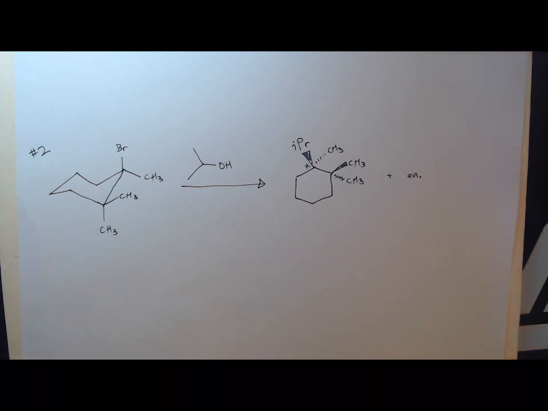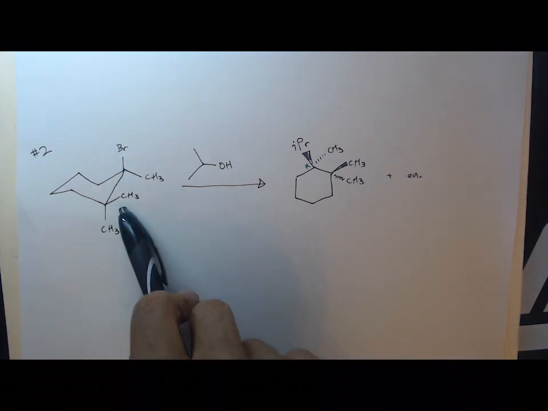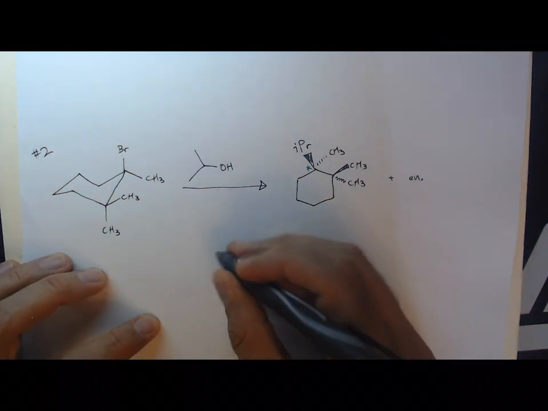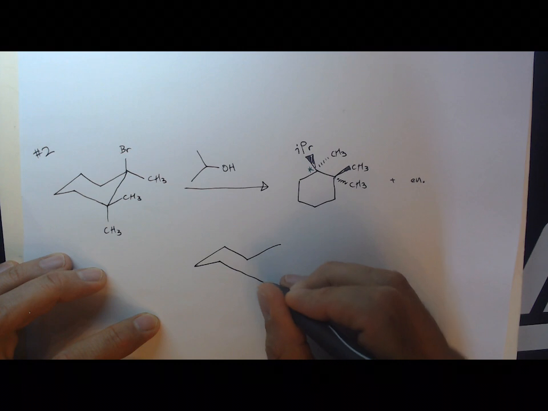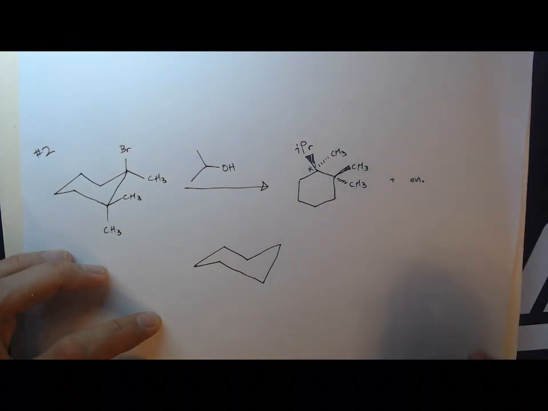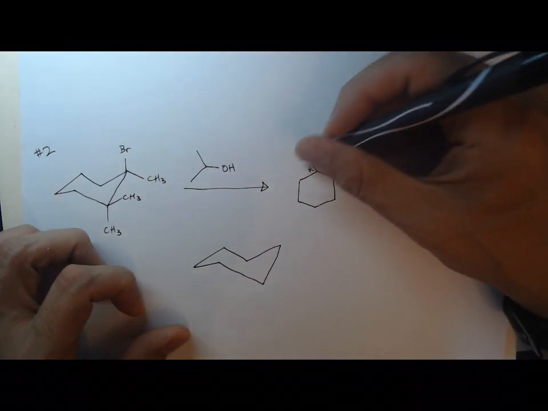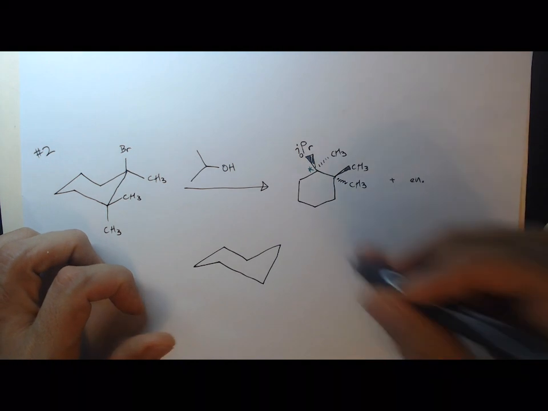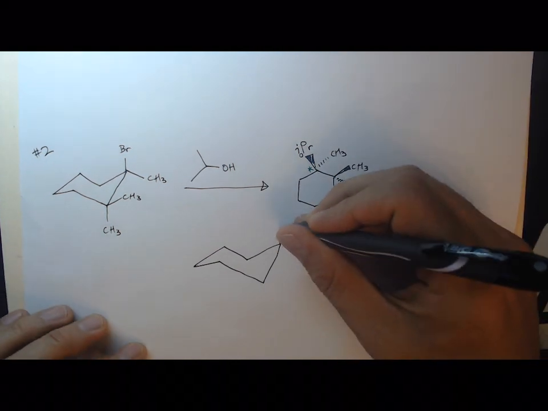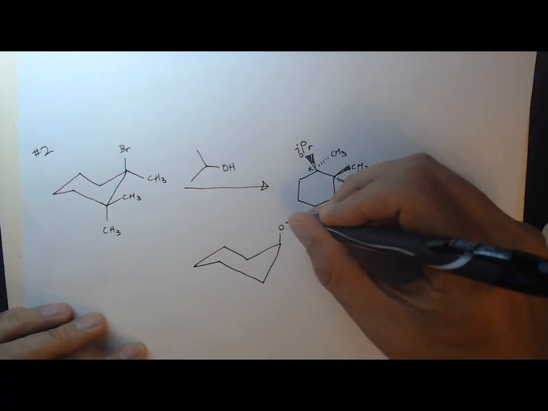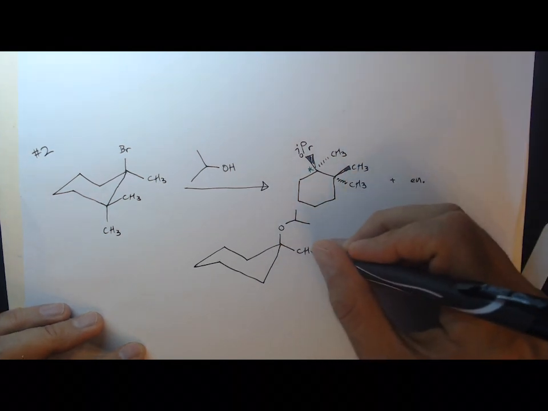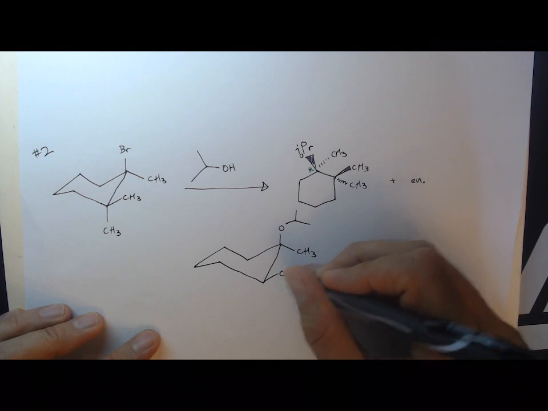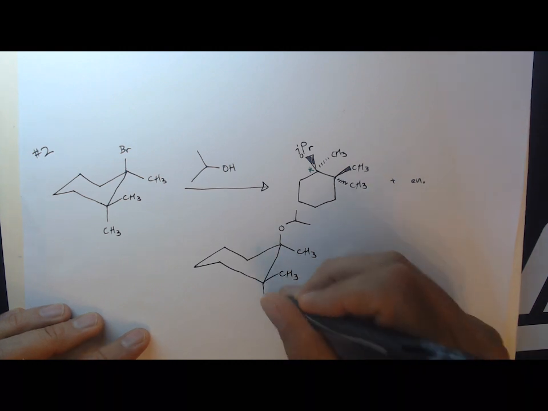So I'm going to go ahead and draw both versions. I'm going to take this one and just redraw it that way. And then substitute in the IPR for... actually, it should be OIPR, right? So I'll fix that up here in the drawing. And I also do want to add here, this is probably not the best nucleophile, and this probably would be a minor product here, but this is what I asked for.